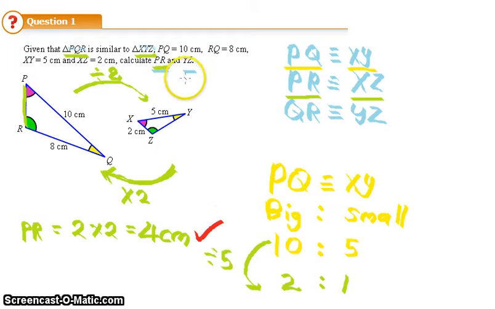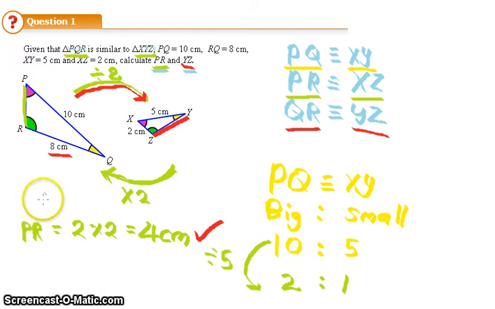The next one, how do you find out YZ? YZ is the same as QR. So we look at QR. QR is here, 8 cm. But YZ is in the smaller triangle here. So to move to the smaller triangle, what do we do? From the big triangle to the small triangle, the scale is 2.